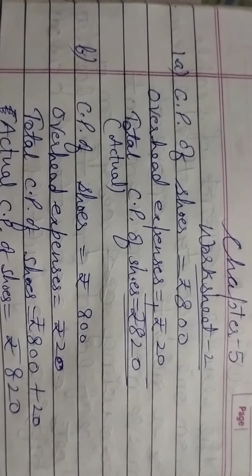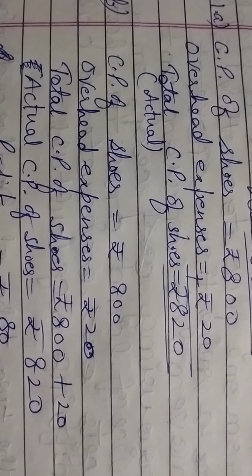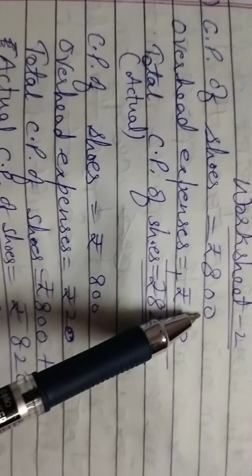In question number 1, it is given that a shopkeeper purchased a pair of shoes for rupees 800 and spent rupees 20 on its box. Means CP of the shoes is rupees 800 and overhead expenses rupees 20. Whatever he purchased, he spent over that thing.